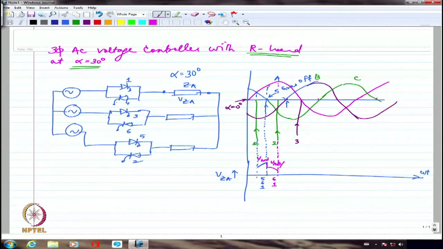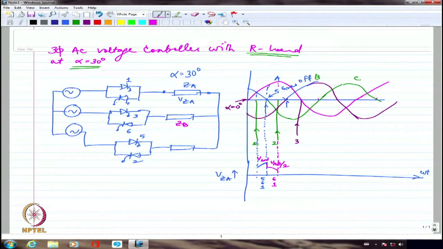I will have VAB by 2 because I'm going to have VAB coming up across these two loads simultaneously, that is ZA and ZB respectively. So I have to look at what is the voltage across ZA. So load per phase voltage. We are looking at the per phase voltage of the load. So it will be VAB by 2.